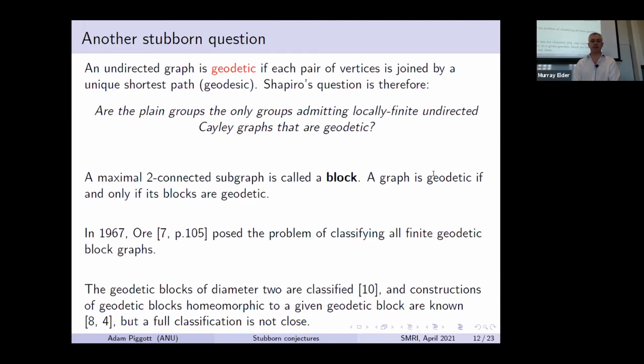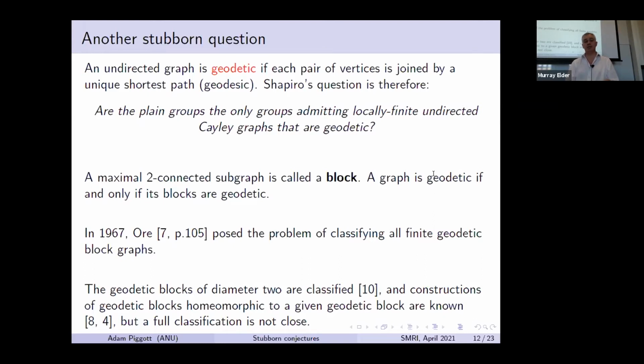Yep, thanks, Murray. So the question was, what does two-connected mean? And what this means is if you want to know if your graph is geodetic, you just have to ask about the blocks. Because if there's only one vertex to get between two places, I think that one's pretty clear when you think about it.